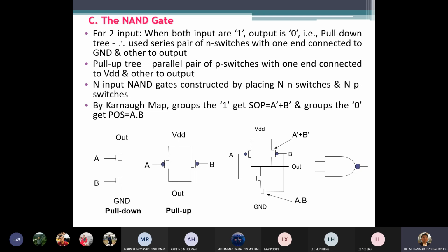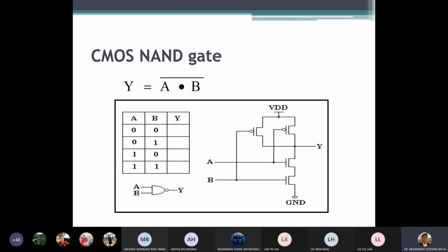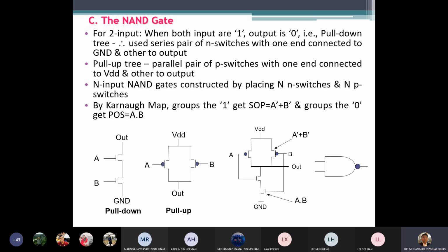And you group the zeros, you akan dapat product of sum of A dot B. So this is the function lah. In other way, you boleh look at K-map punya ni lah. Alright, so that one is for NAND gate.